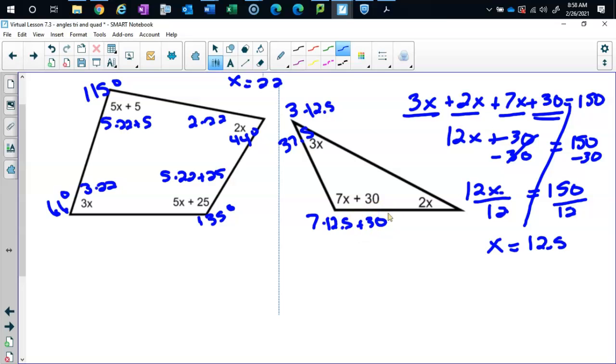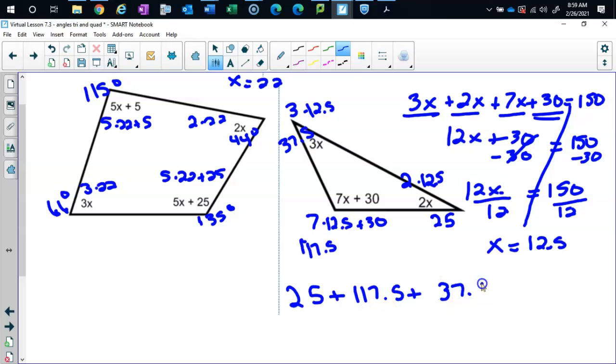I'm typing that into my calculator. I get 117.5. This angle will be 2 times 12.5, which gives you 25. Now, if you add 25 plus 117.5 plus 37.5, you get 180.